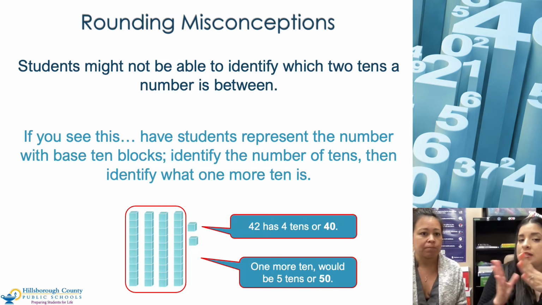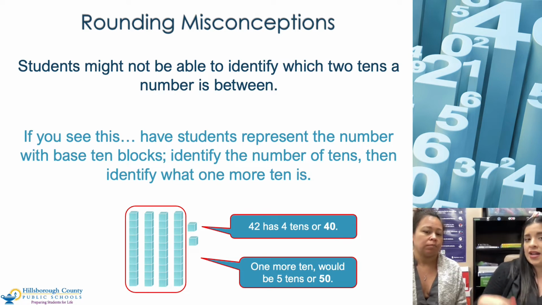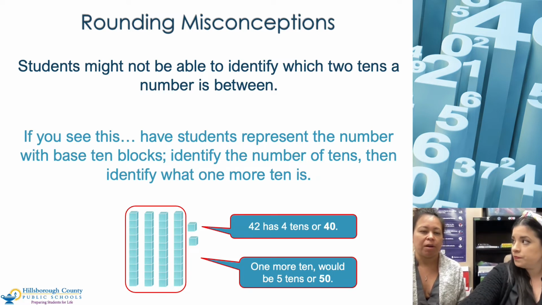So always go back to that concrete. Have them build it with the base 10 blocks. And they can count how many 10s they have built. And then you ask them what's one more. Or if you were to add another 10, what would that be? So that they can use the actions and the blocks to identify those 10s. Okay. I do think that the base 10 blocks on the number line are going to help with that. Definitely making those connections.